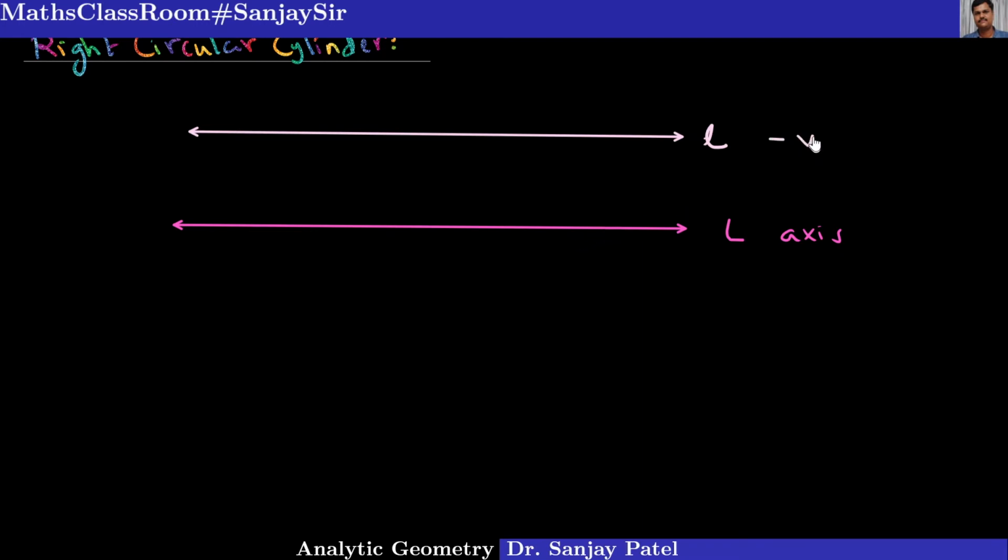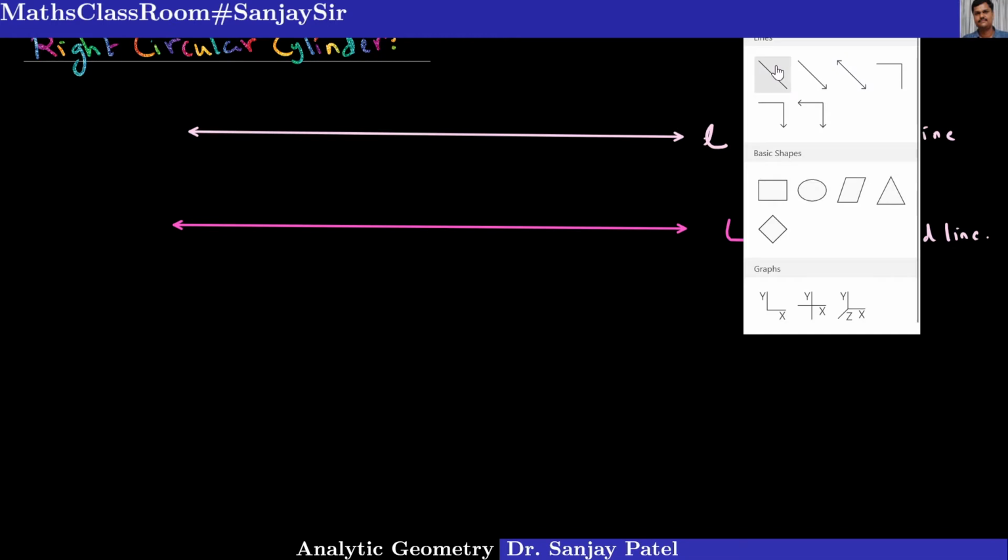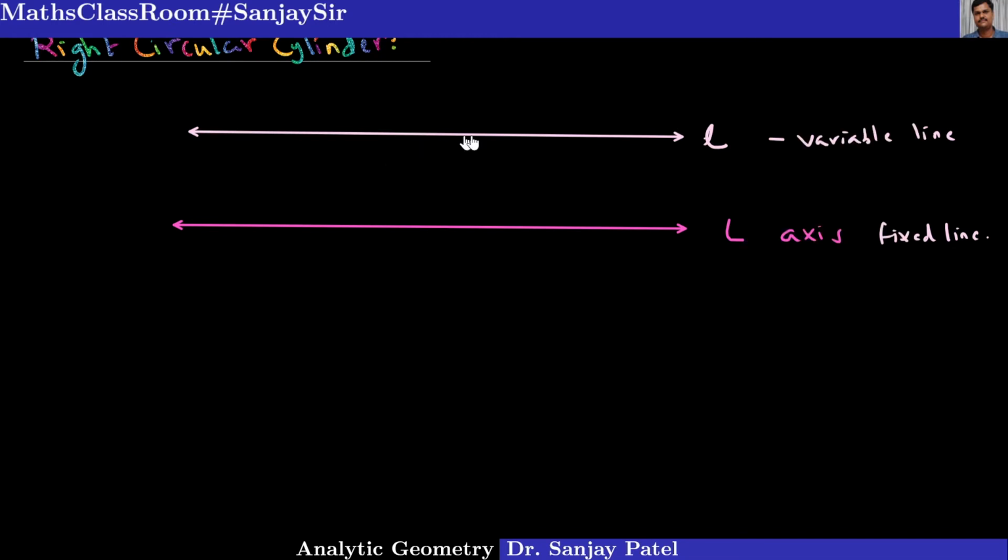So this is our variable line, and this is the fixed line. So the distance between these two, that is this distance, must remain constant.